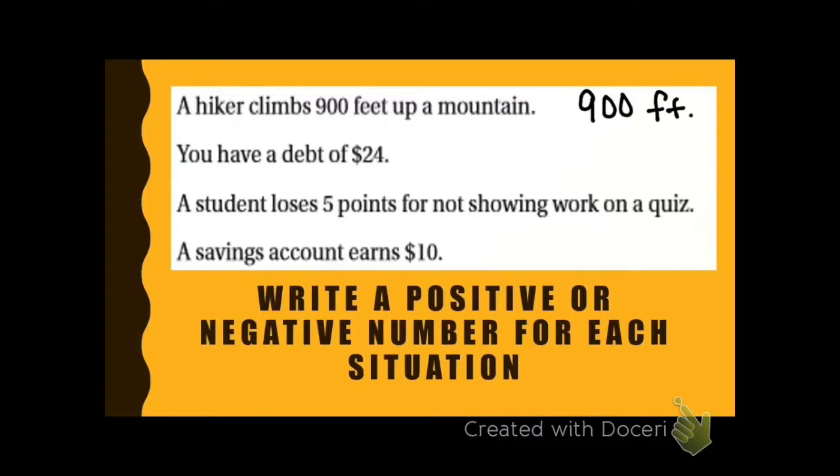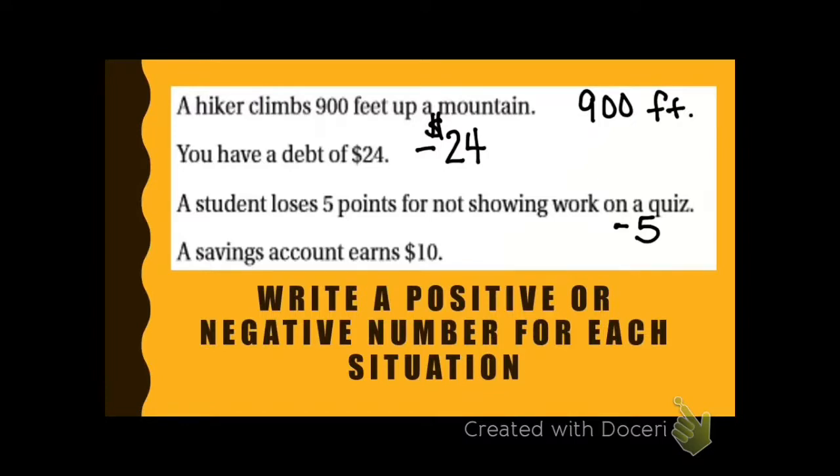And remember, I don't have to put the positive sign in front of the 900. You have a debt of $24. A debt is money you owe someone. So that would give me a negative $24. I owe someone $24. If a student loses 5 points for not showing work on a quiz, that would be a -5 on his score. It would deduct points.